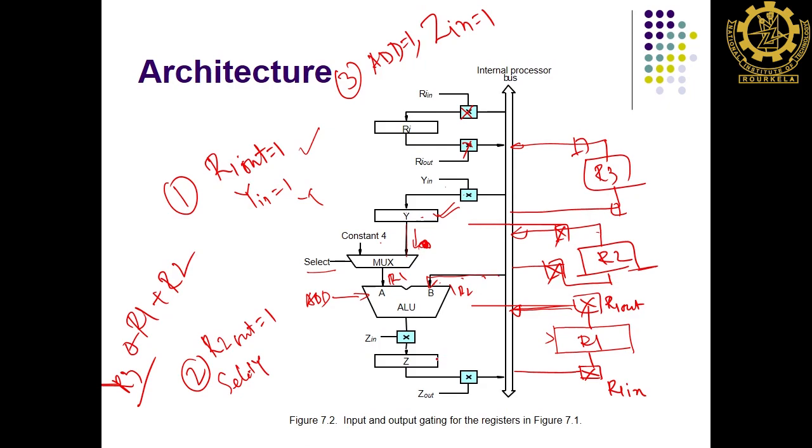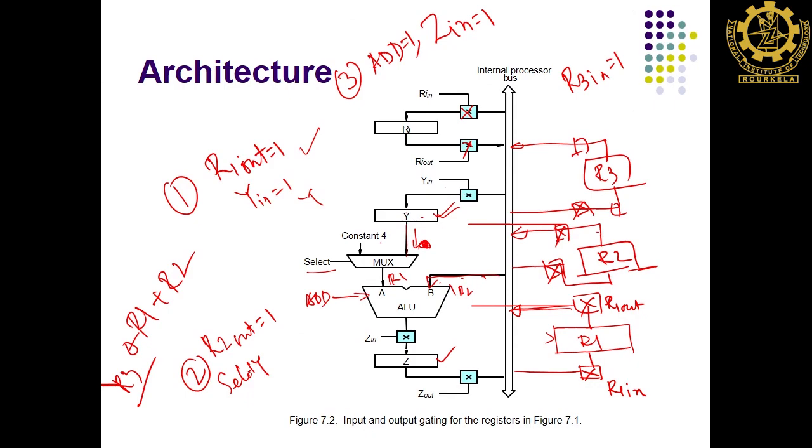Now the result is stored here, but you have to store the result to R3. R3 is a register and this is a control line. So which one should go on? R3 in should be on. Therefore, R3 in should be 1. Then only the result will transfer to R3.